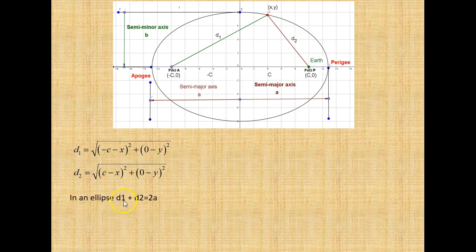In an ellipse, D1 plus D2 is equal to 2a. You remember that? D1 plus D2 is equal to 2a, the total length of the ellipse, from apogee to perigee is 2a. Therefore, we plug in D1 and D2. So D1 plus D2 is equal to 2a.